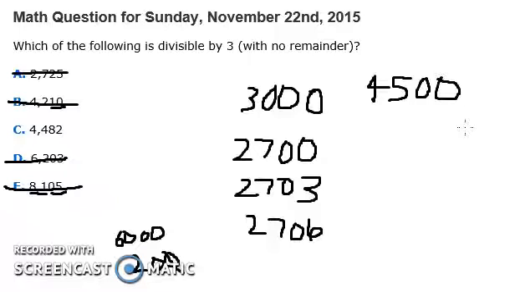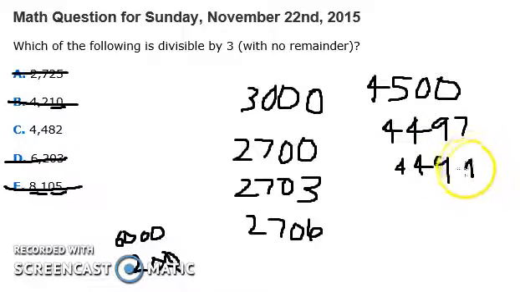So I counted backwards by 3's. So 4,497, 4,494, and so on. And you'll notice if you do that a few times, you'll count back to this.